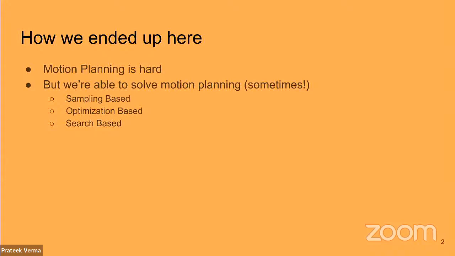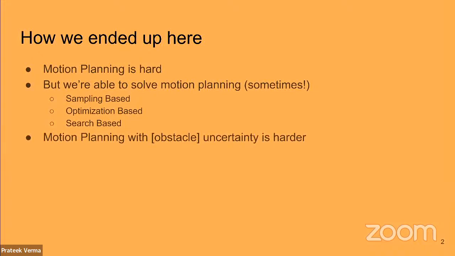Right, so the fact that we have these hardness results for motion planning problems wasn't the end of the story there. We're still able to make useful progress. At the same time, we have prior results that say motion planning with obstacle uncertainty is in some ways harder than vanilla motion planning.